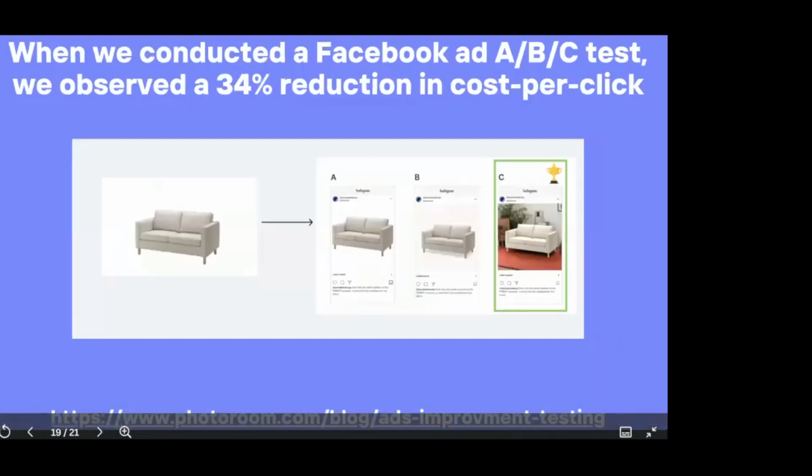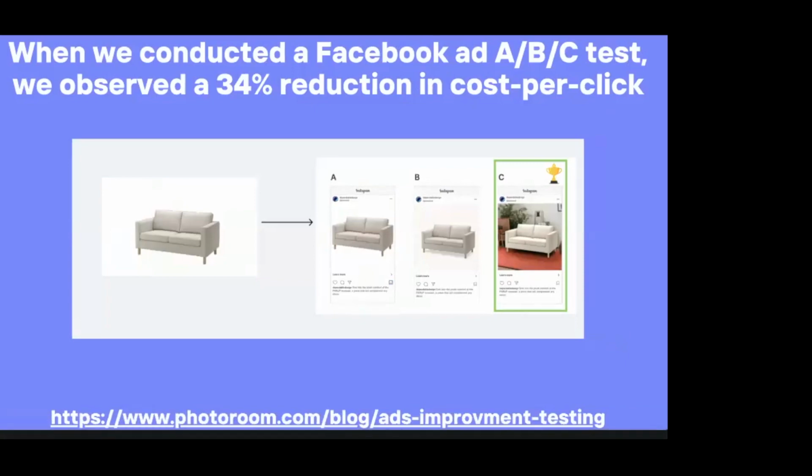To give you a bit of flavor for how we've used this, we conducted an ABC test on Facebook using different ad image variants to determine which one would deliver the highest performance.